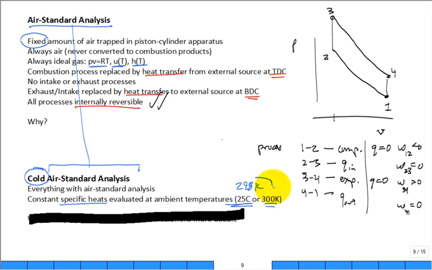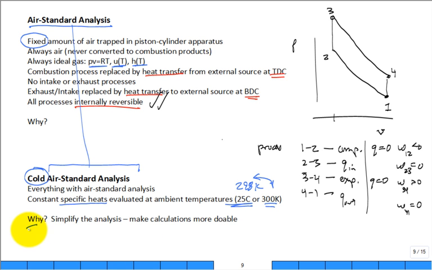There's so little difference, I don't make a distinction between the two. Typically, it's 25 degrees C for which you evaluate properties at cold air. And again, why are we doing all this? So we can make simple assumptions, make a simple calculation, and then evaluate the performance.